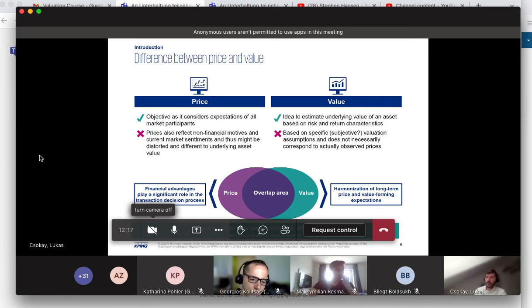So that's basically where we are, in between the value-based and price-based valuation techniques. And we talk today about the price-based ones, multiples.